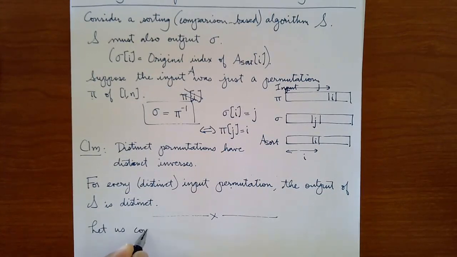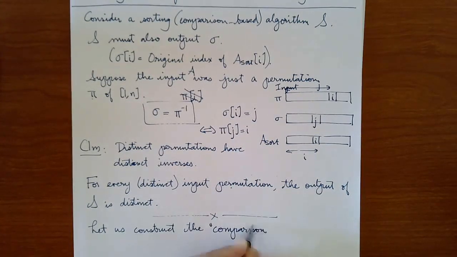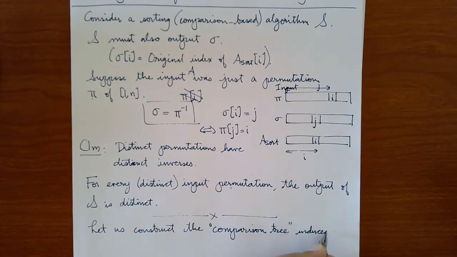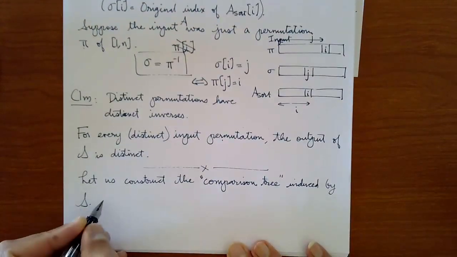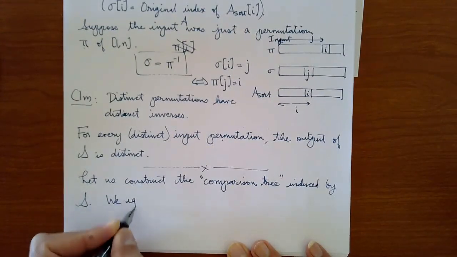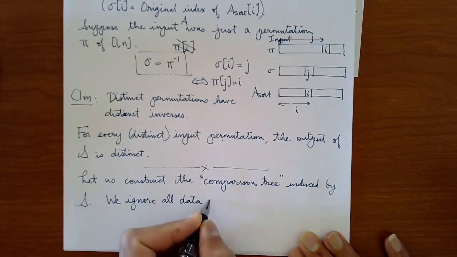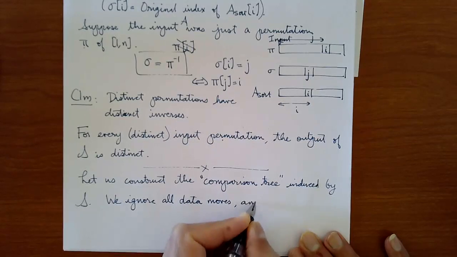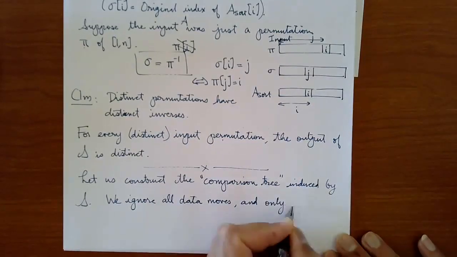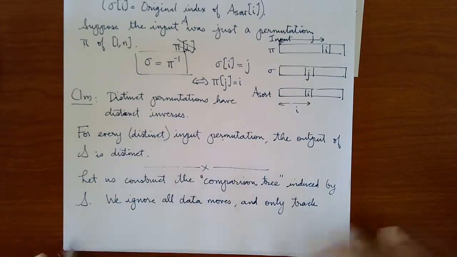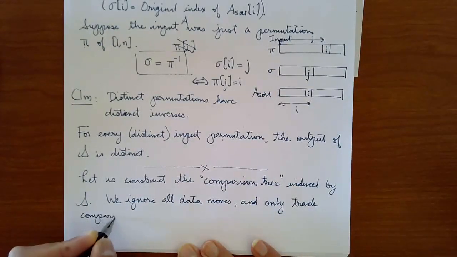Let us construct the comparison tree induced by the algorithm S. What this means is we ignore all the data moves and only track the comparisons.